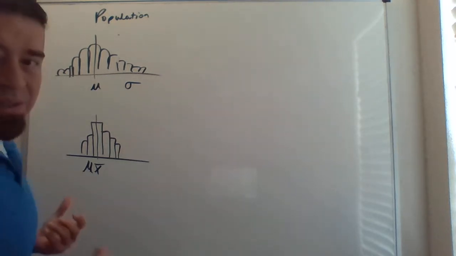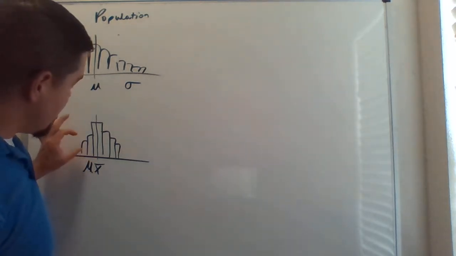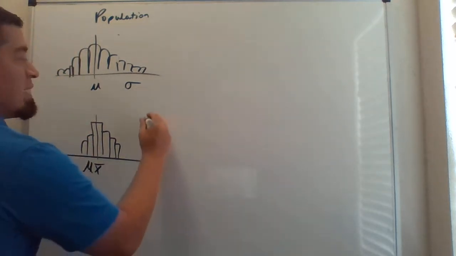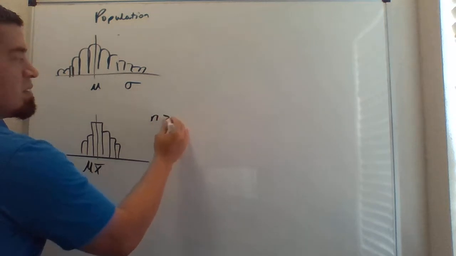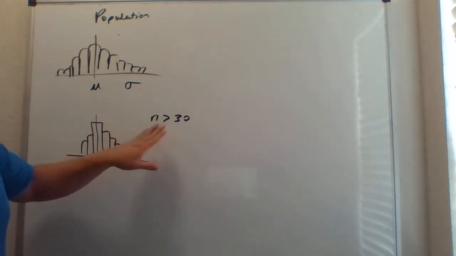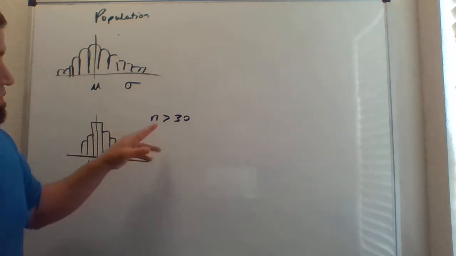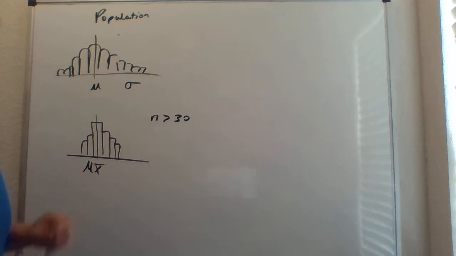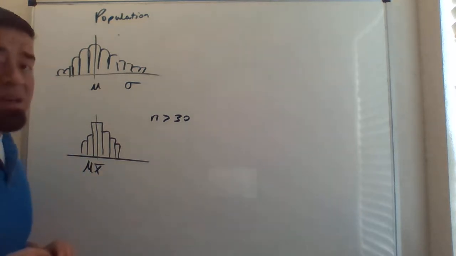So what does this tell us? If I take all possible samples of some size n that's greater than 30, which is another thing you want to pay attention to, the sample size, if it's 30 or more, we can assume that the sampling distribution will be normally distributed, which is an important side fact.